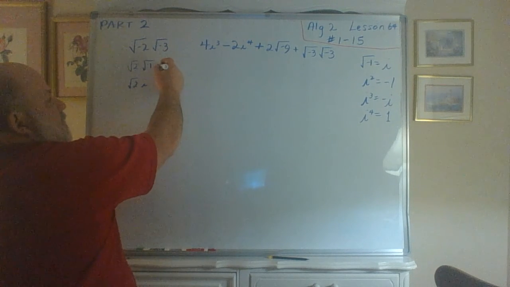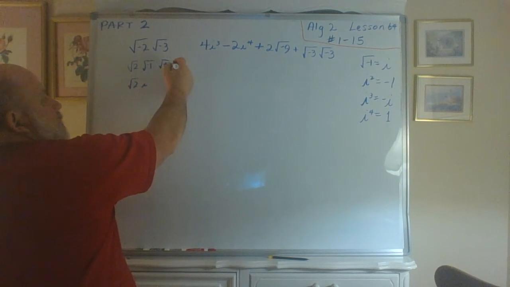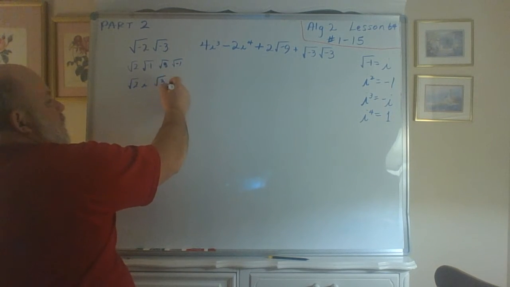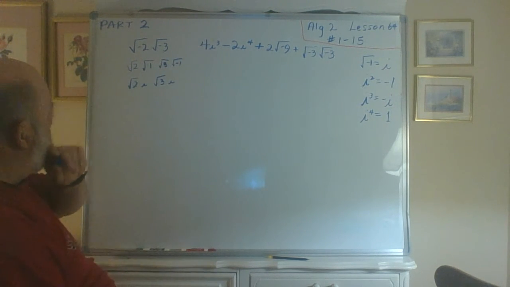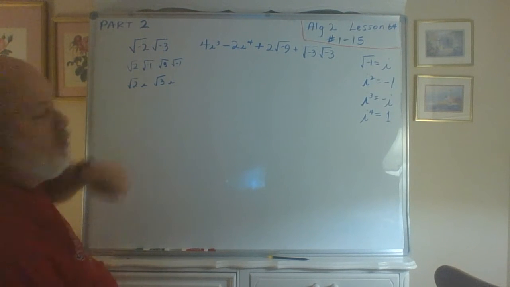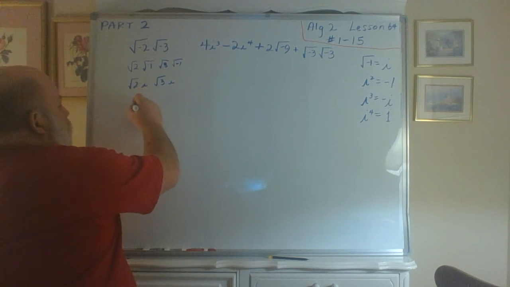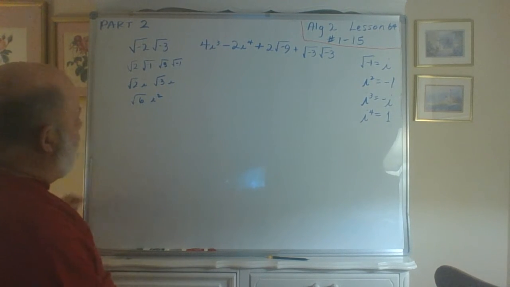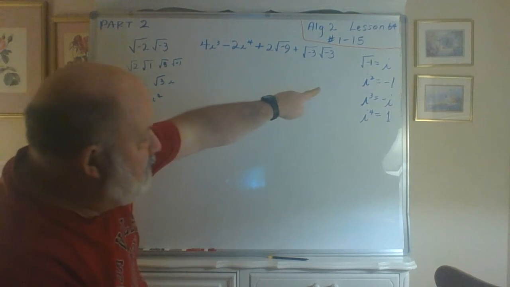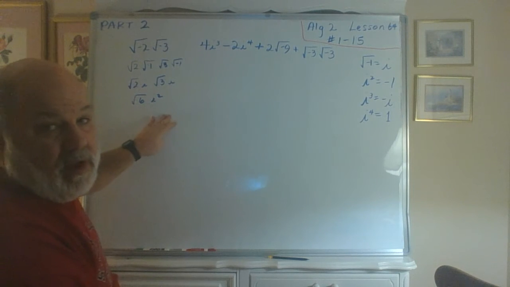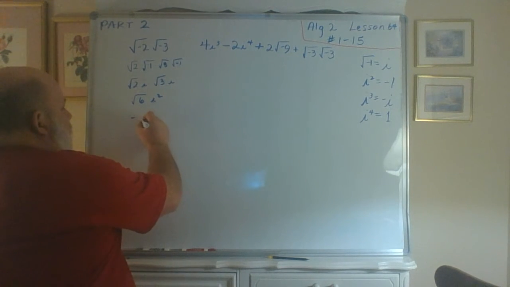The square root of -3 is the square root of 3 times the square root of -1, or the square root of 3 times i. Square root of 2i times the square root of 3i gives me square root of 6, and outside the radical is that i squared. i squared is -1. This is square root of 6 times -1, so we get negative square root of 6.